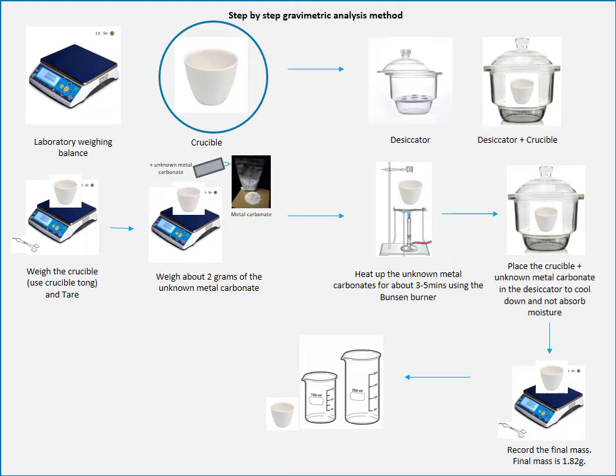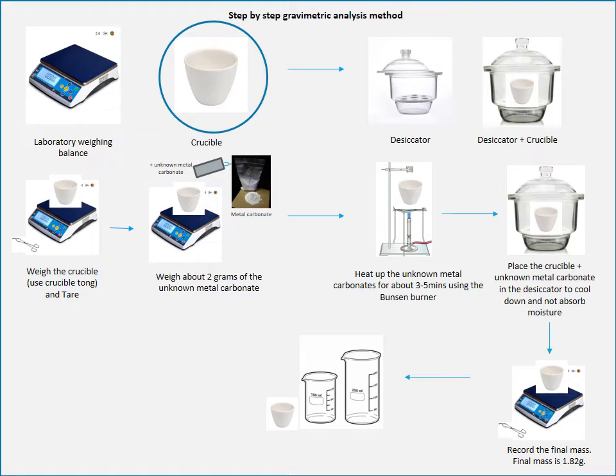And then we also have to weigh the metal carbonate that we are going to use during the gravimetric analysis. So we have to place our crucible in the laboratory weighing balance using our crucible tongs, and then we have to tare, and after which we have to add about 2 grams of unknown metal carbonate.